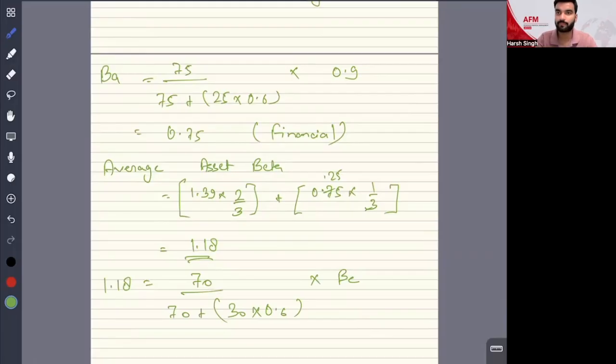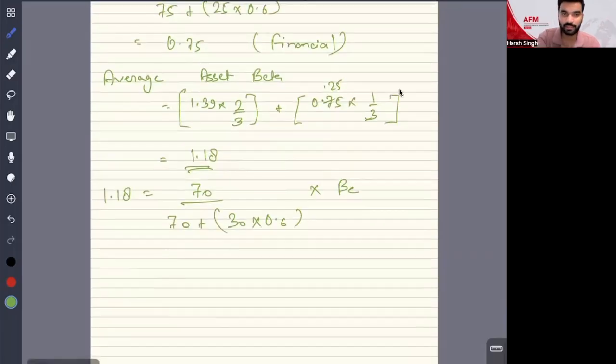Now we just solve this part. 30 into 0.6 will be 18, I guess. 1.18 will be equal to 70 upon 70 plus 18, 88, multiplied by beta equity.